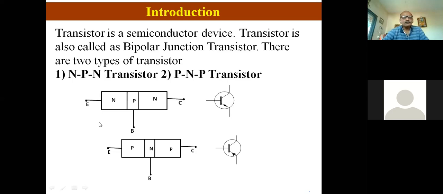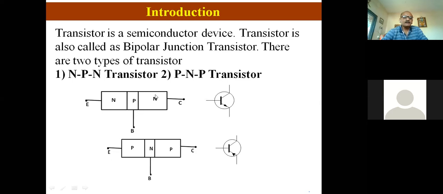Now here we have to say that this is the structure of a transistor, the construction of a transistor. In the structure, the collector region is large as compared to the emitter region.